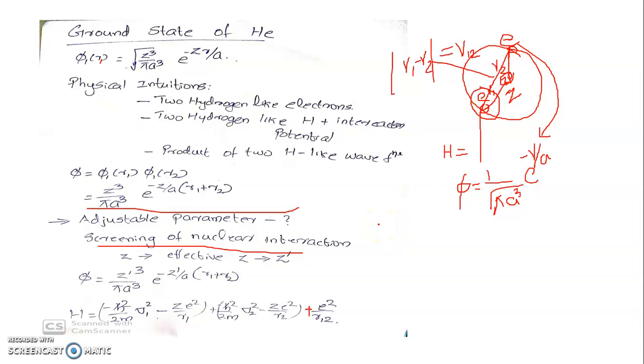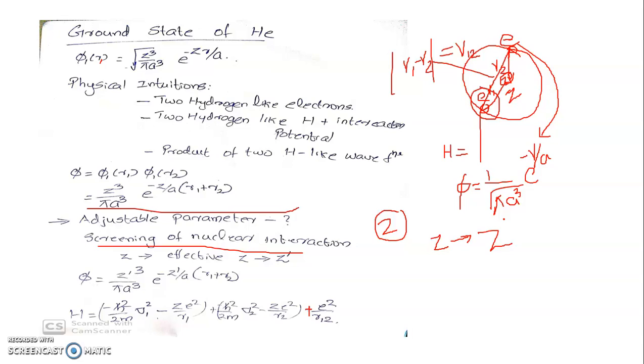Though the nucleus has a charge, say 2 unit positive charge, the effective attractive pull suffered by any one among these two electrons will be assuming the nucleus to have a charge less than the 2 unit positive charge. This indicates that due to the presence of the second electron, the effective nuclear charge felt by any one among these two electrons will be modified from Z to an effective nuclear charge, say Z prime.